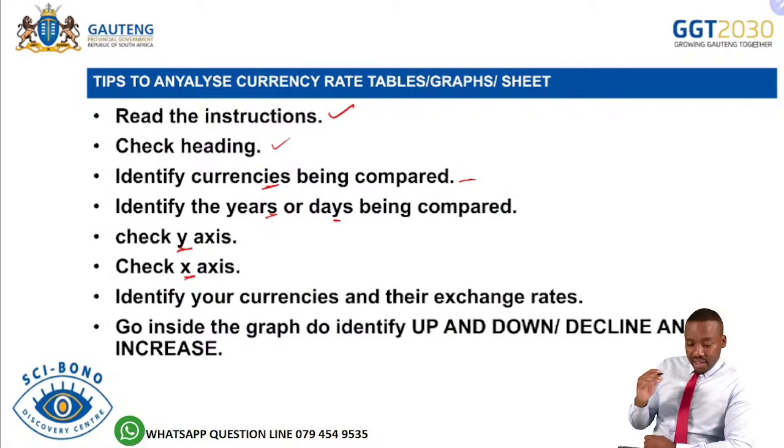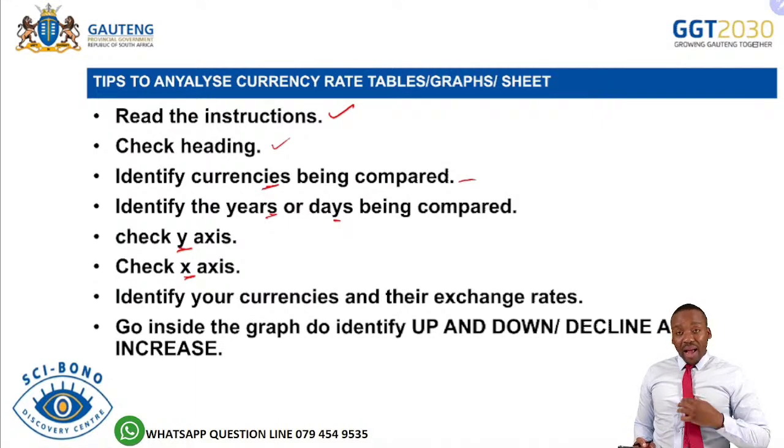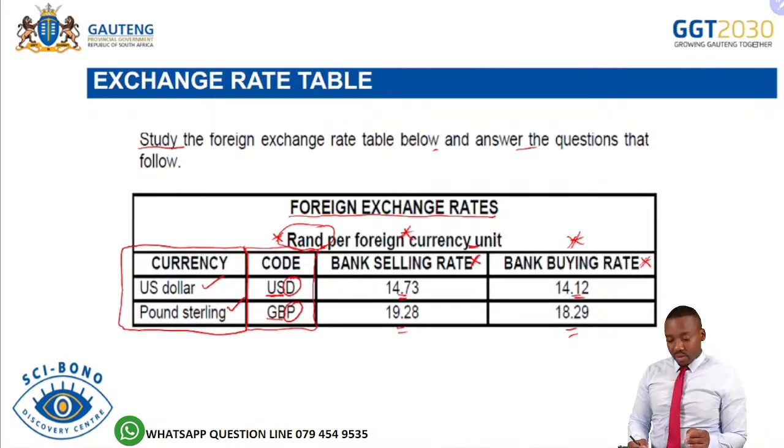Right. I said read the instructions of the examiner, check the heading, identify the currencies being compared, identify the years or days being compared, analyze what you have on your y-axis, and also check on your x-axis, then identify your currencies and the exchange rate. Let's check on this table.